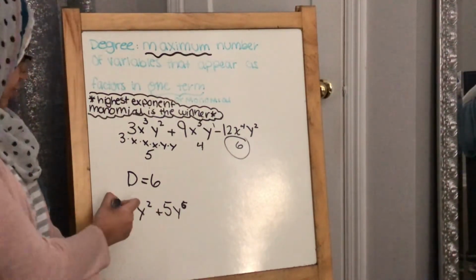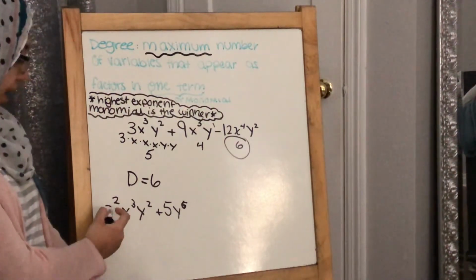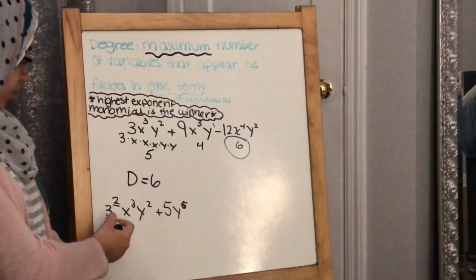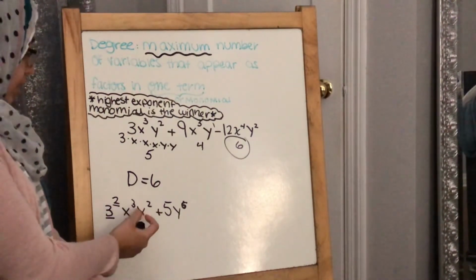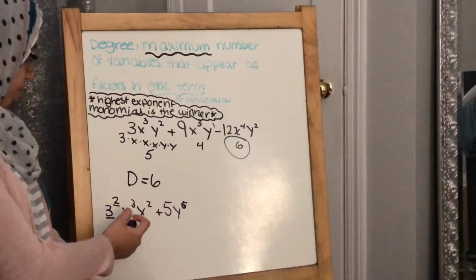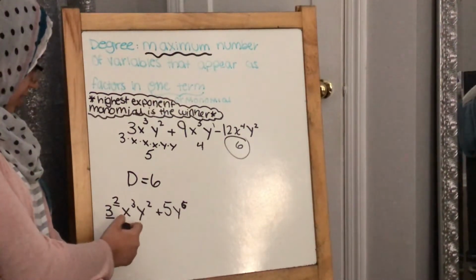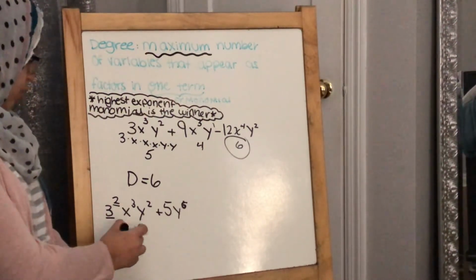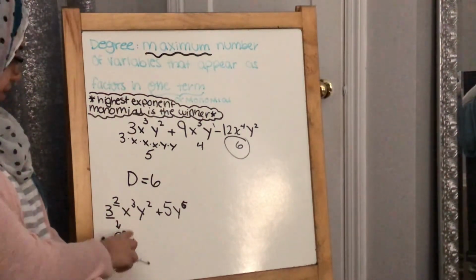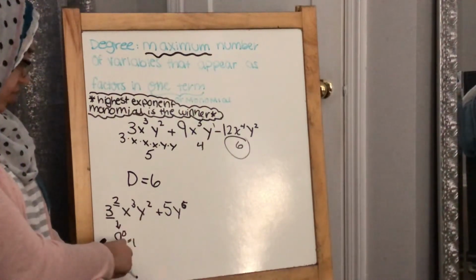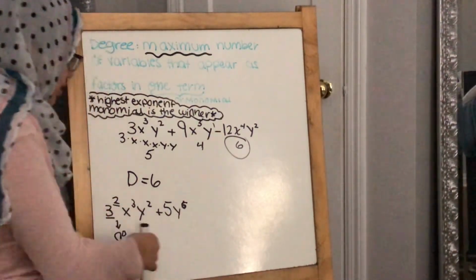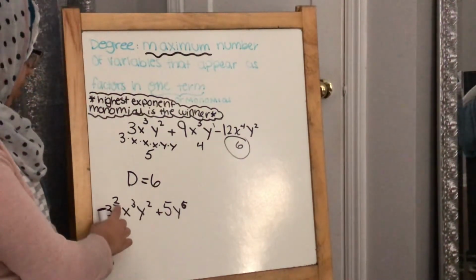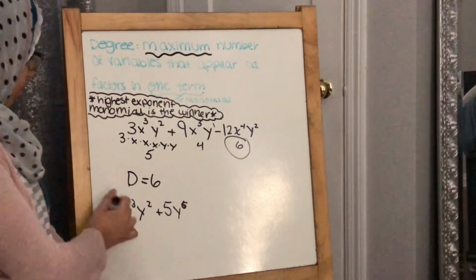One thing you have to understand is that you can never count the variable or the exponent that comes with the constant. You're only counting the exponents that come with the variable, because this, in essence, is 9, and 9 to the 0th power is 1, so there really is no extra degree in this term. It's just 0. This is just not simplified. So the highest degree here, we're not counting any degrees on constants.